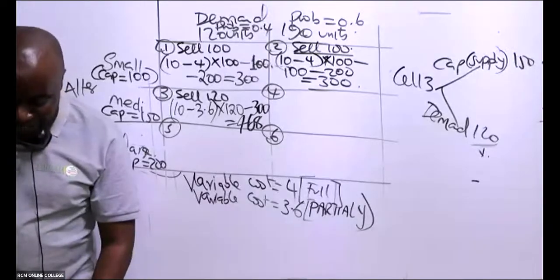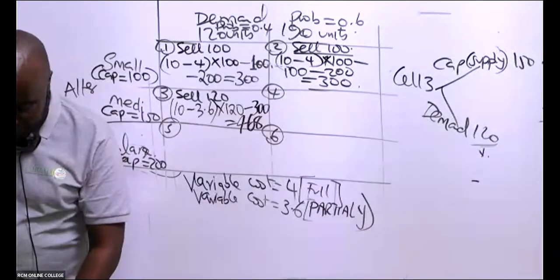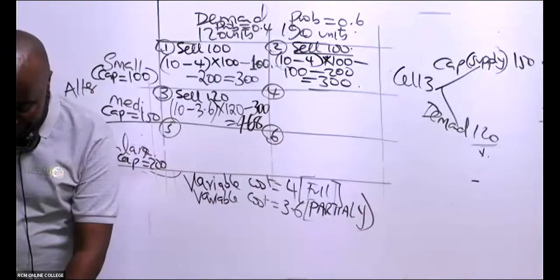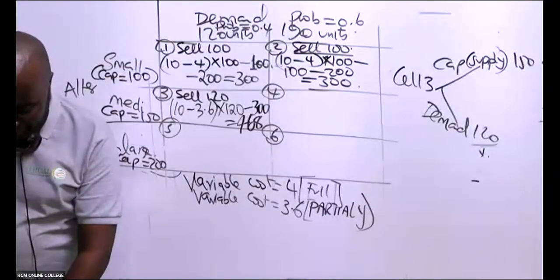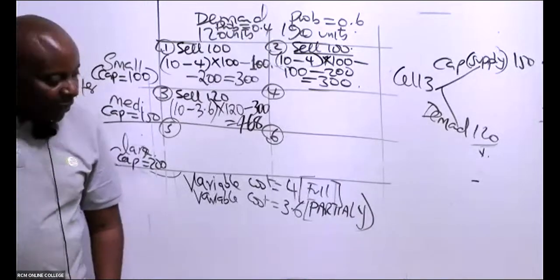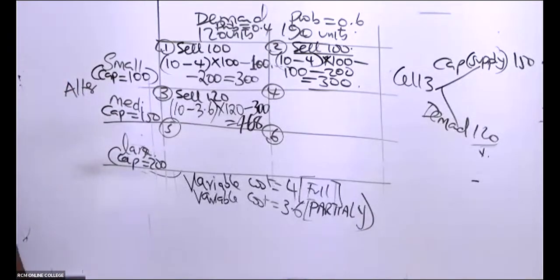Winnie, Yvonne. Dennis, here for 10 minus 3.6.